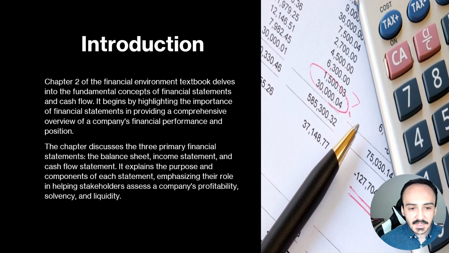The chapter discusses the three primary financial statements: the balance sheet, income statement, and cash flow statement. It explained the purpose and components of each statement, emphasizing their role in helping stakeholders assess a company's profitability, solvency, and liquidity.